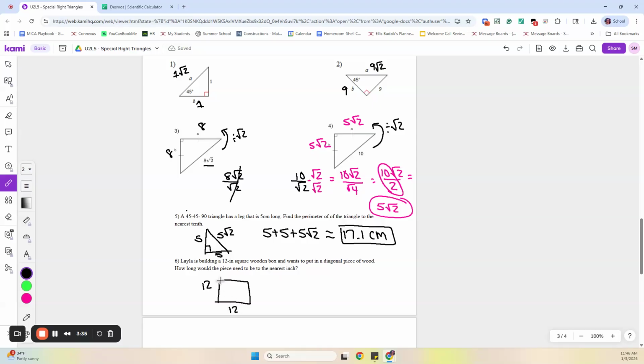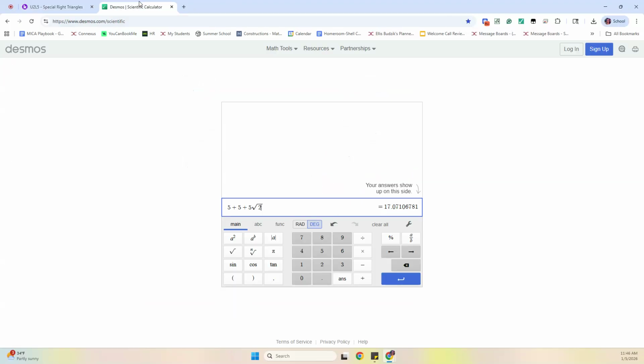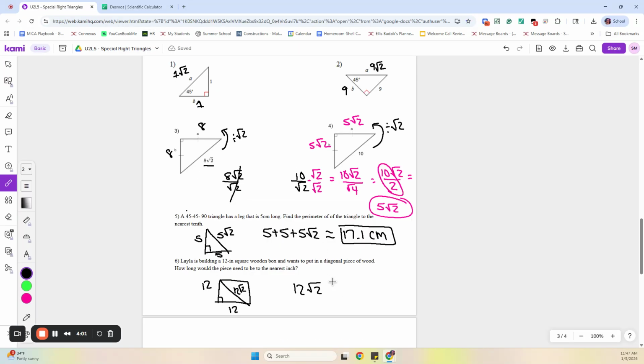If I want to know the diagonal, well, for a square box, that diagonal is just going to be our hypotenuse. So we're going to do 12, 12, and this would just be a 12 root 2. So 12 root 2. They said to the nearest inch, so we can always round that. So 12 square root 2 is going to be almost 17. So just about 17 inches.